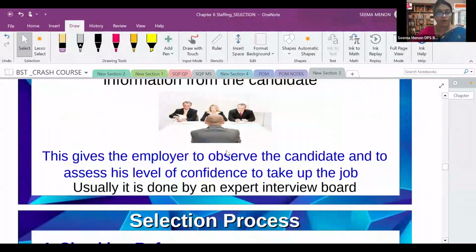This gives an employer the chance to observe the candidate. Meanwhile, the employer can understand the attitude and assess the level of confidence, and also the candidate's knowledge level of the job, to take up the job. Usually it is done by an expert interview board.